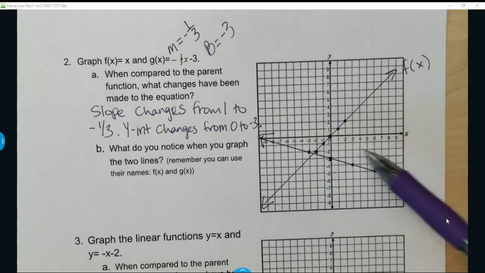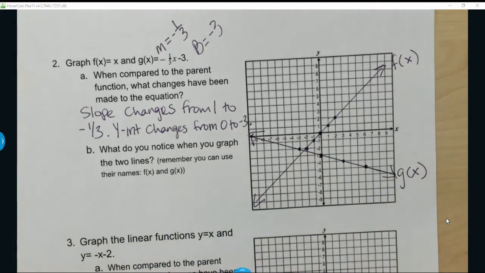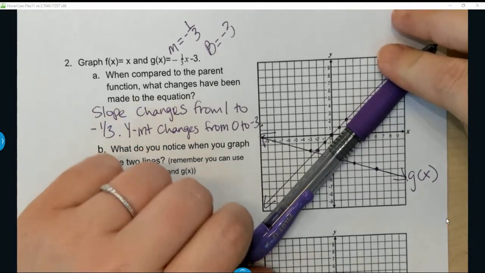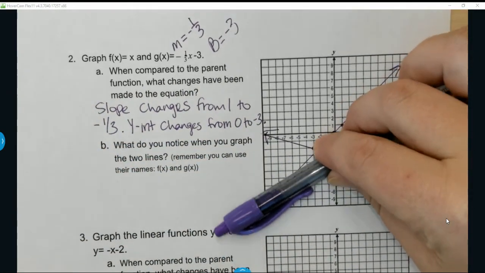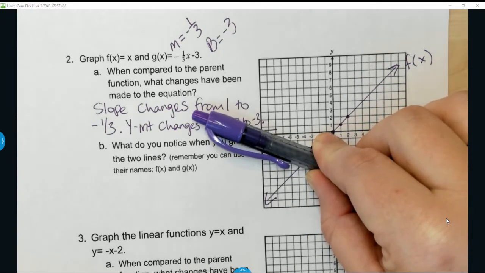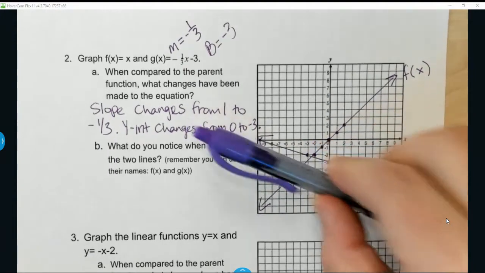When we graphed them, I notice that g of x has shifted down, right? We can see that. And then it has totally rotated because the slope is now negative. So instead of increasing, the line is now decreasing.